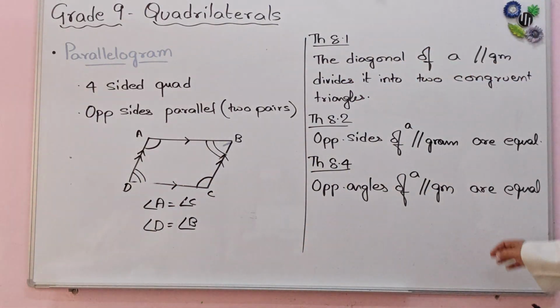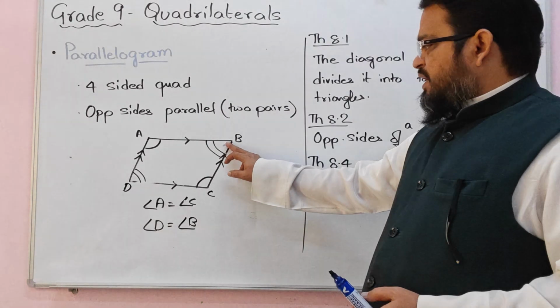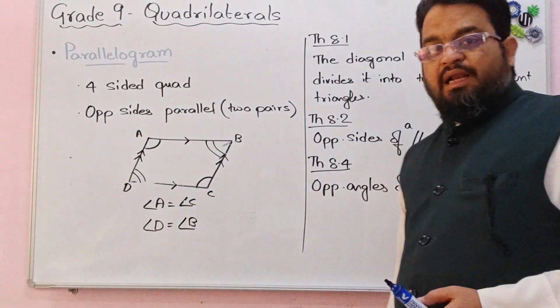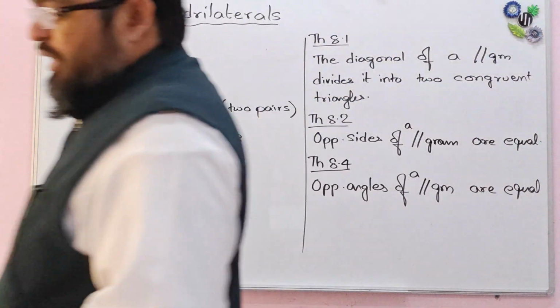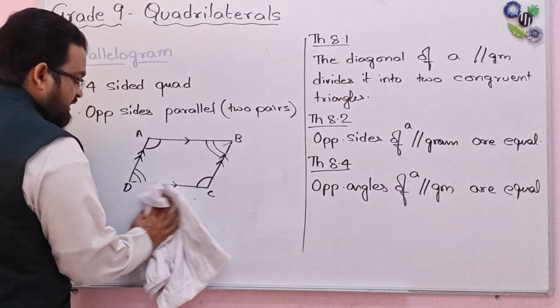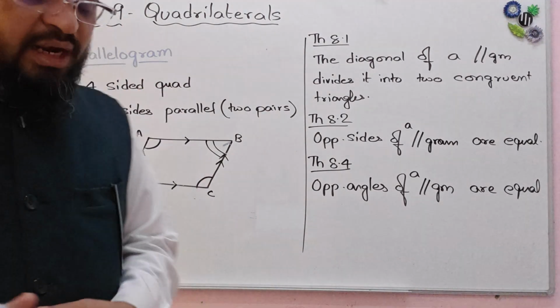Understood? So what is the next property? Opposite angles are equal. So angle B is equal to angle D and angle C is equal to angle A. Okay. Now write the statement, and also the pictorial form. Let us see the next property. The next property is theorem 8.6.